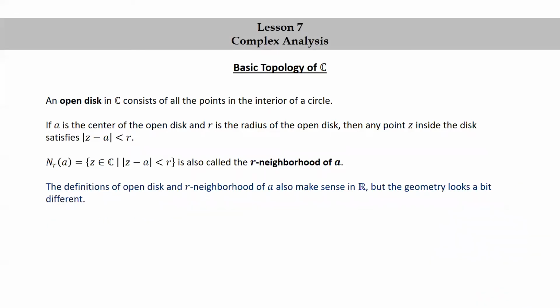The definitions of open disk and R neighborhood of A also make sense in R, but the geometry looks a bit different. An open disk in R is simply an open interval.